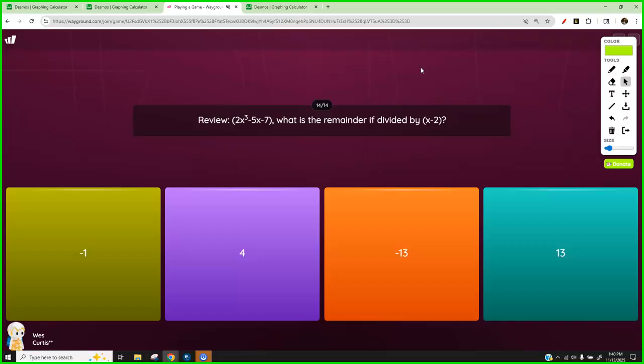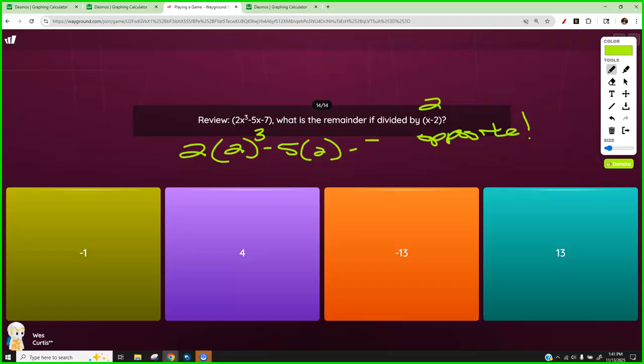And finally, remainder theorem, remember you're simply plugging in the opposites. You can do synthetic division if you want to. Make sure you understand this one will need a 0 in it. The opposite of x minus 2 would be 2. So we're going to do 2 times 2 to the third power minus 5 times 2 minus 7. Exponent comes before multiply.